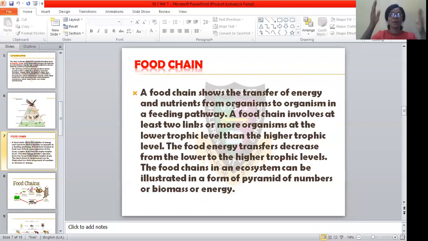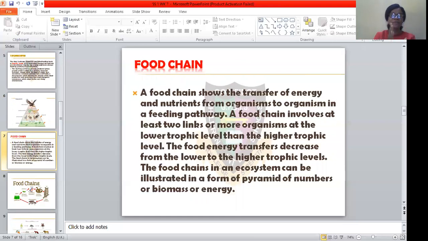Just like in production, we all know we have what we call the final consumer. There's the producer, which produces the goods, then it comes down to the wholesaler, from the wholesaler to the retailer, and finally to the consumer. So also it happens in animals, which we refer to as a food chain. It shows the transfer of energy and nutrients from one organism to another in a feeding pathway.